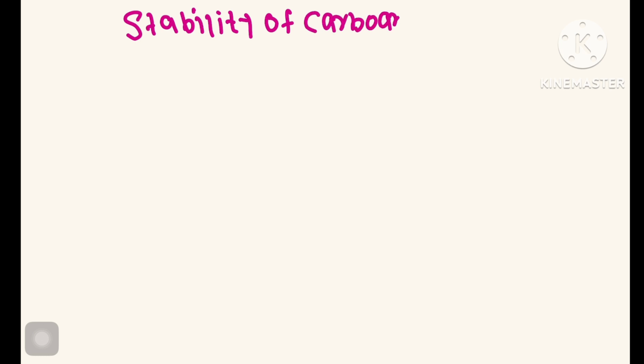Next, here I am talking about stability of carbanion. In carbanion, simply you can say carbon having negative charge.